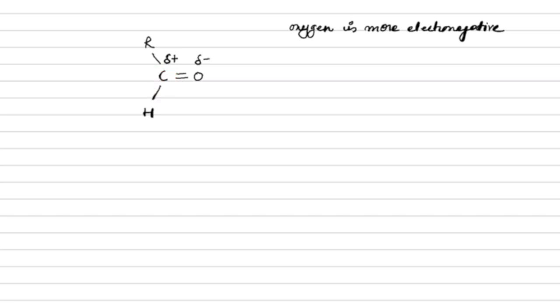So this carbon will be called the carbonyl carbon, is electron deficient, right? Or we can say it needs electrons, right? It will like electrons. So the nature is electrophilic.